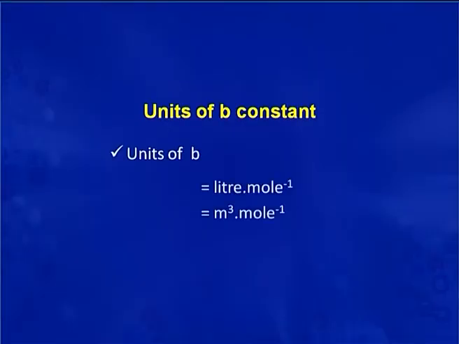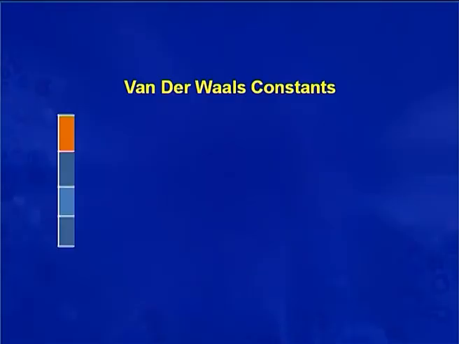Now, the unit of van der Waals constant B is liter per mole, or we can write it as meter cube per mole. Now, there are some van der Waals constants A and B for some gases.